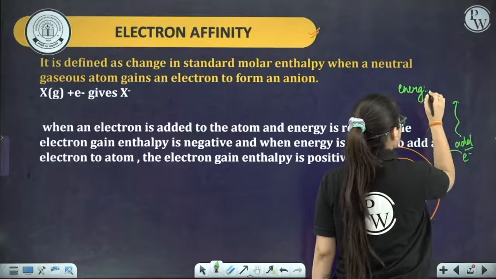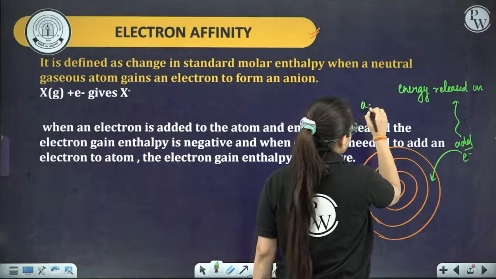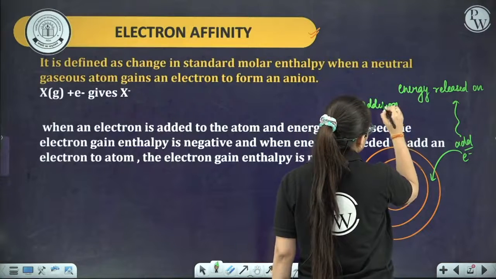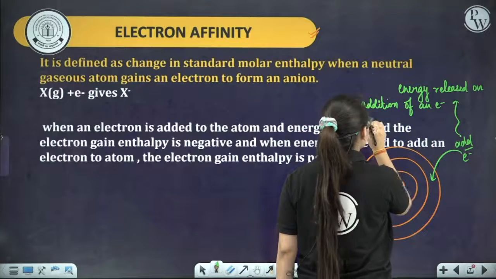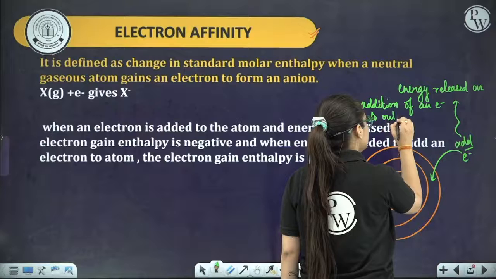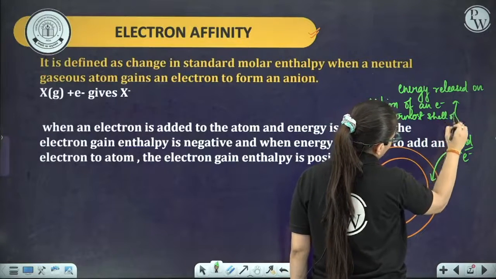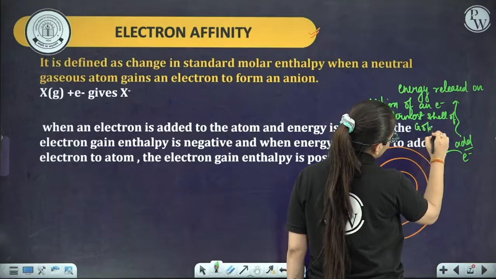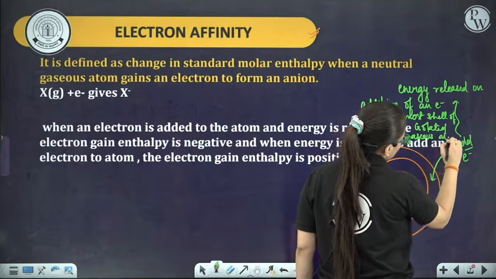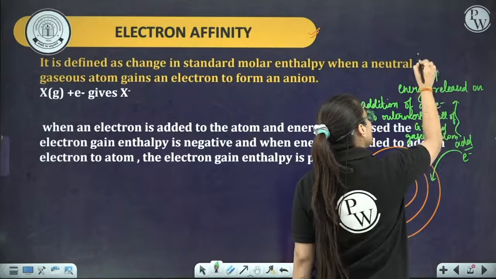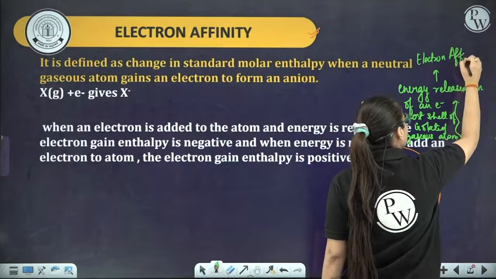energy released on addition of an electron into the outermost shell of an isolated gaseous atom is basically called electron affinity.